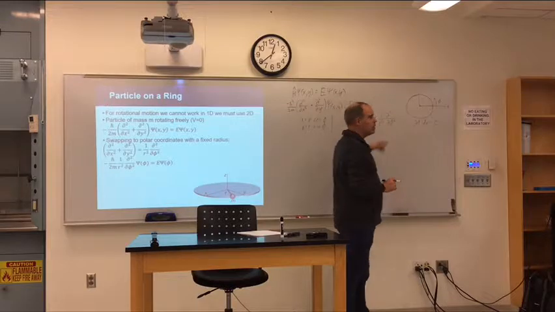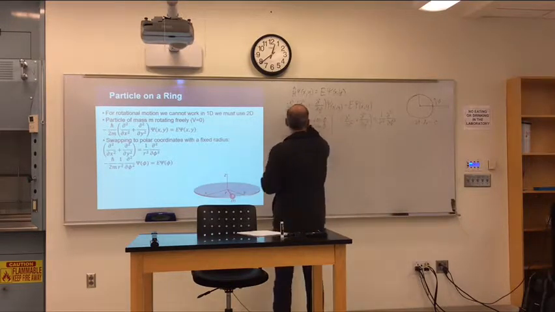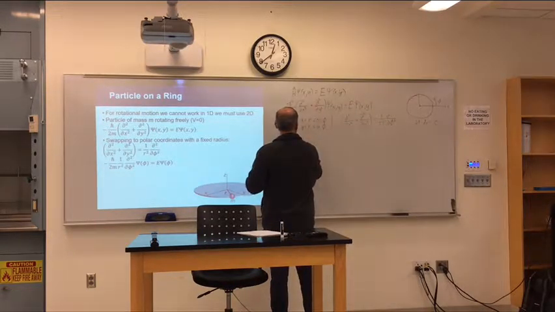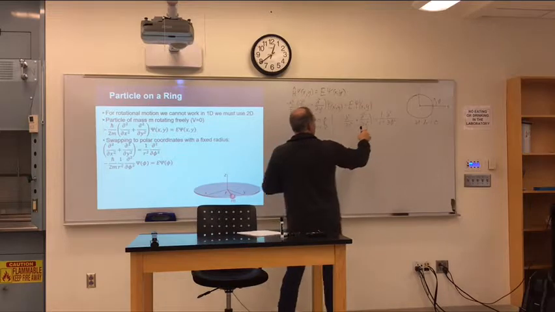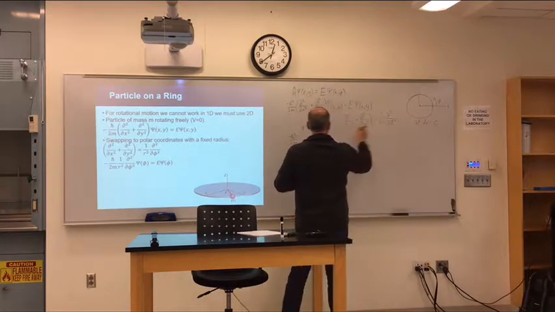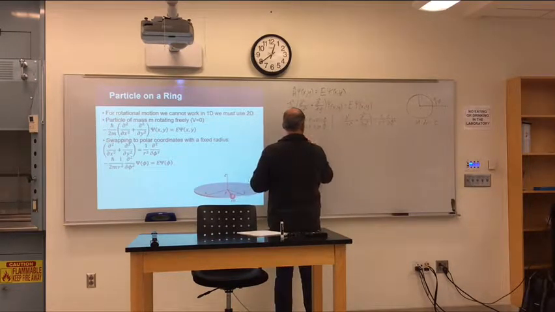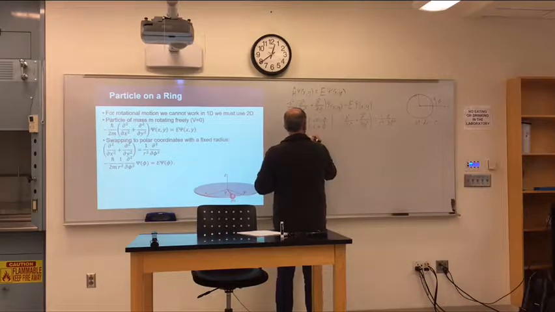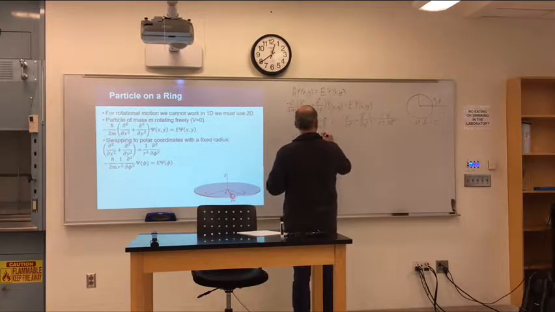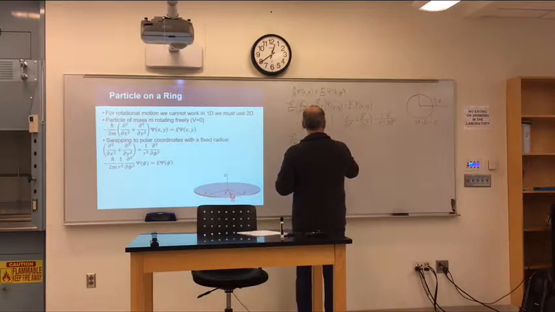Right? So our Hamiltonian then becomes minus h bar squared over 2m, and we're now going to do the 1 over r squared, and then del squared del phi squared, the second derivative with respect to phi of our wave function.